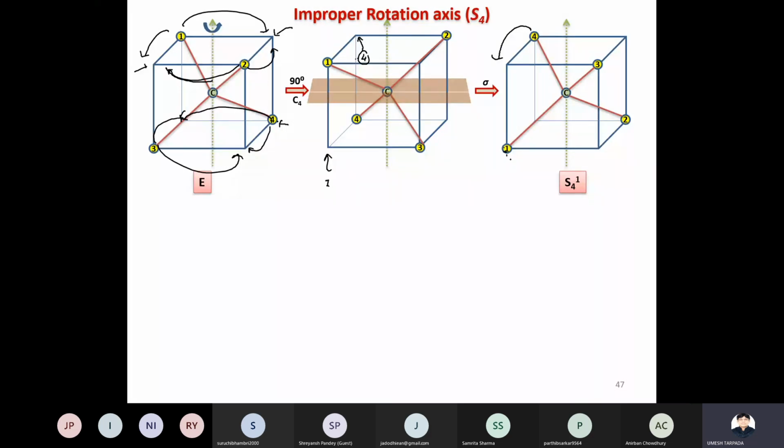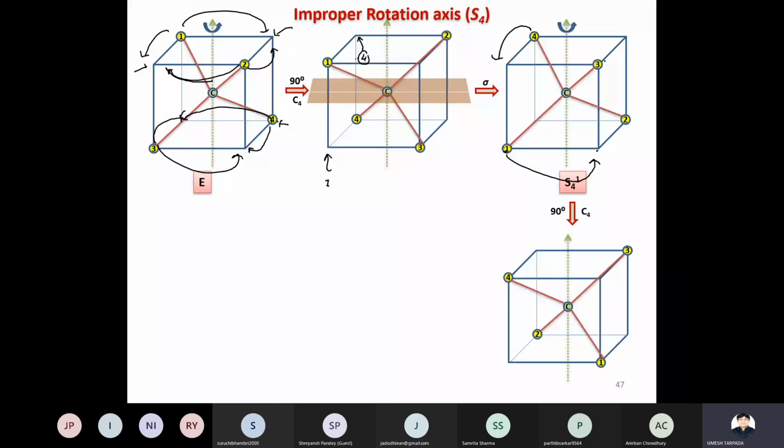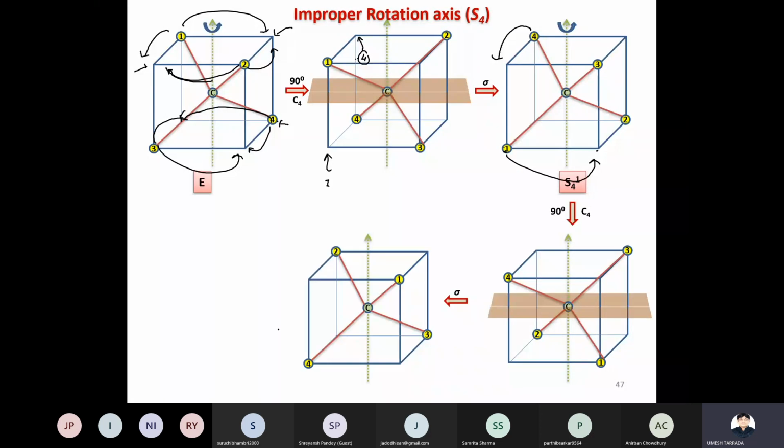Similarly, 1 comes here and is written over here at the position of 3. In this way, this is called the second time S4. Similarly, see, this 2 comes to here and it is written over here.